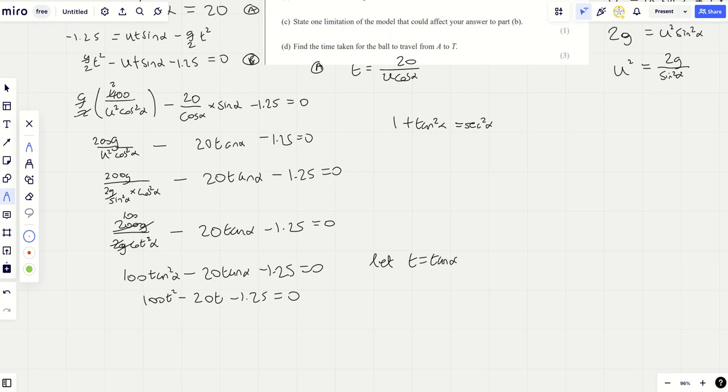I'd probably just want to get on with it and get the final answer. So let me quickly type this into the equation solver on my calculator. Polynomial order 2. So I've got 100, and I probably should have cancelled this, minus 20 and minus 1.25.